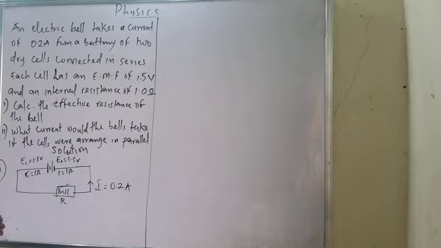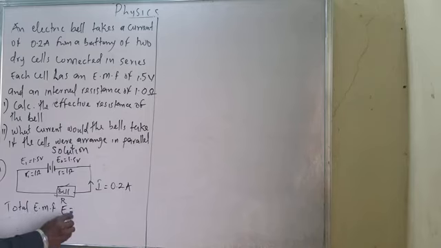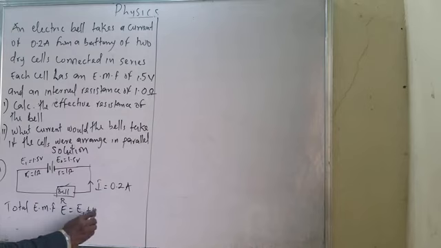Total electromotive force, known as E, will be equal to E1 plus E2, which I explained in our previous video. So E will be 1.5 plus 1.5, which equals 3 volts.